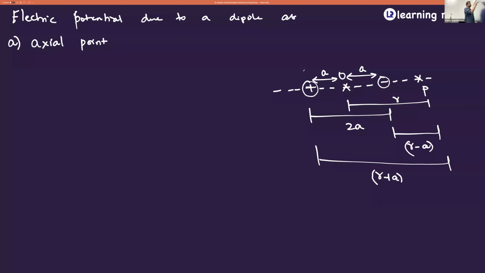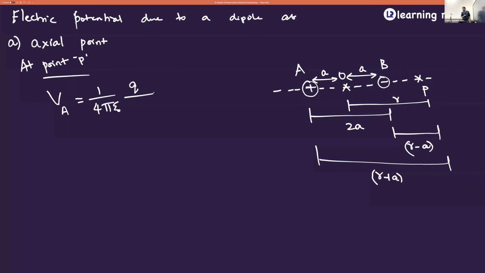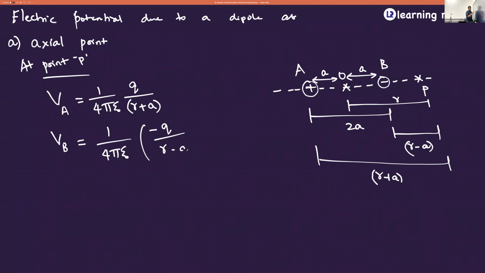If I take this to be A and this to be B, then at point P, the potential due to the charge at A is 1 by 4 pi epsilon naught into q divided by r plus a. Similarly, the potential at point B is 1 divided by 4 pi epsilon naught into negative of q divided by r minus a.